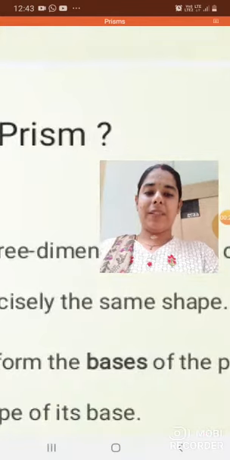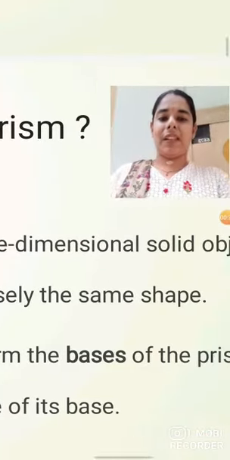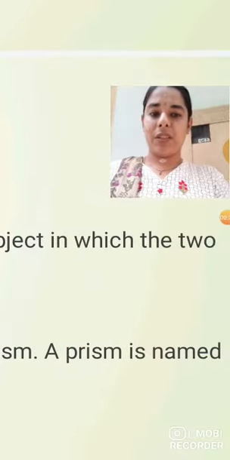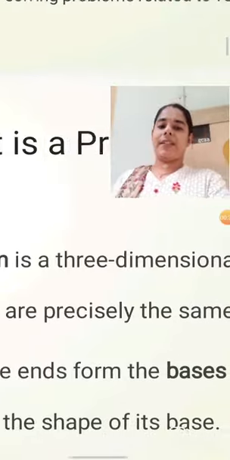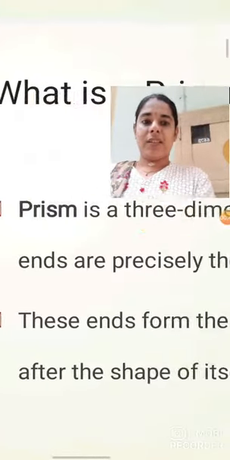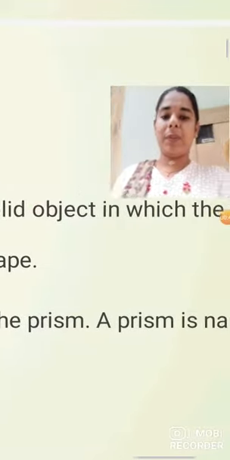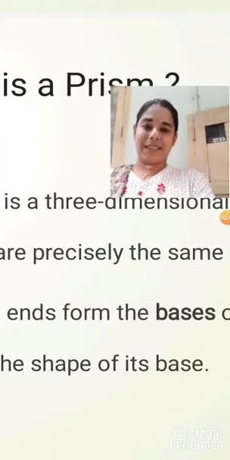A prism is a three-dimensional solid object in which the two ends are precisely the same shape. These ends form the bases of the prism. A prism is named after the shape of its base.